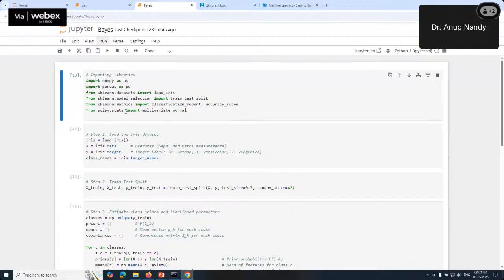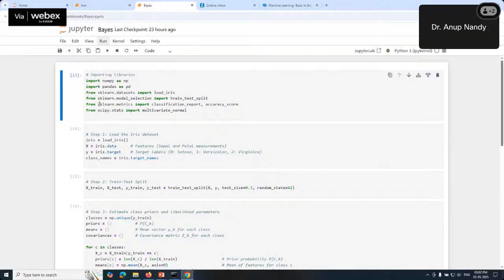So here we are importing different libraries. Import numpy as np, import pandas as pd, then sklearn datasets. These are the standard statements, I think you know. You have to import load_iris, these datasets, and we have to use this model, train_test_split. Then we have to use the classification report.